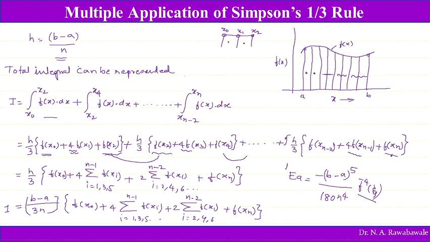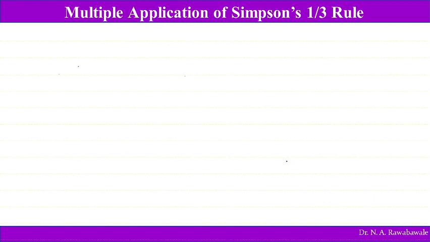So this gives us the approximate error of Simpson's 1/3 rule multiple application. Now, proceeding with a numerical example, we can get the real idea about this multiple application of Simpson's 1/3 rule.